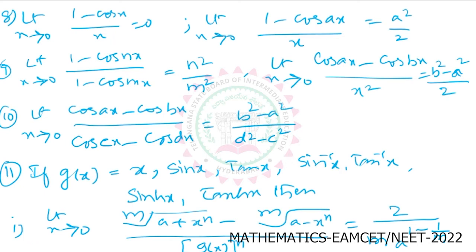Based on this, I will take some questions, and as soon as the other formulas come, I will give them later on before solving the questions. Now write down a problem.